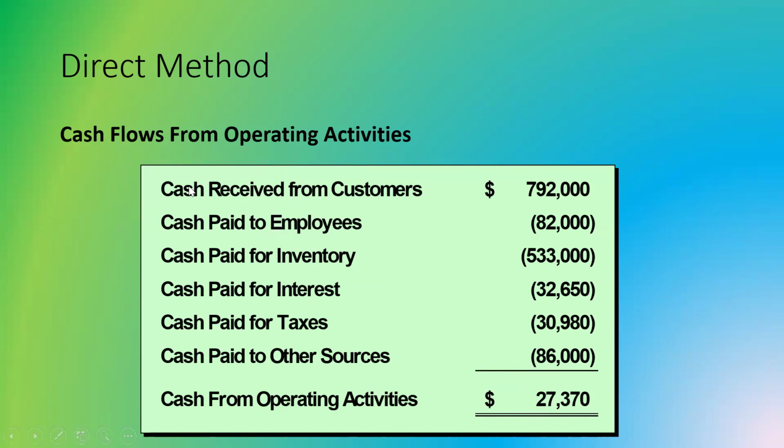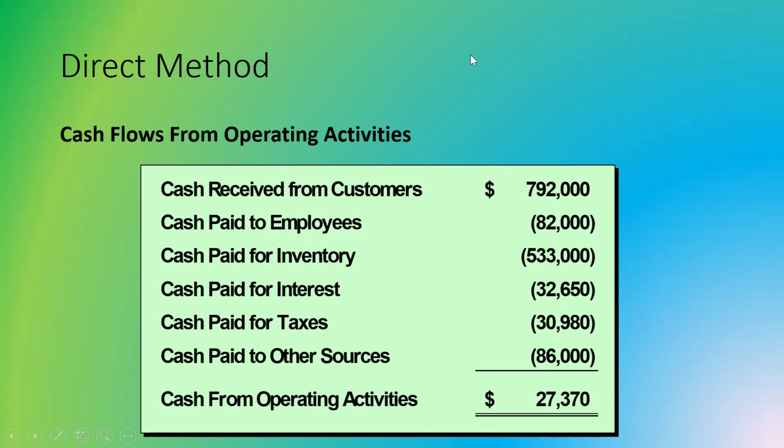Similarly, we calculate cash paid to employees and cash paid for inventories. So certain workings are required for the direct method, and cash paid for taxes or interest, this information is generally given directly.